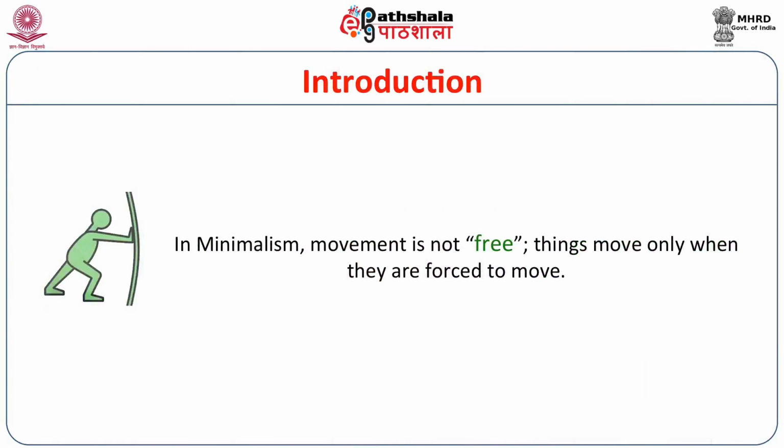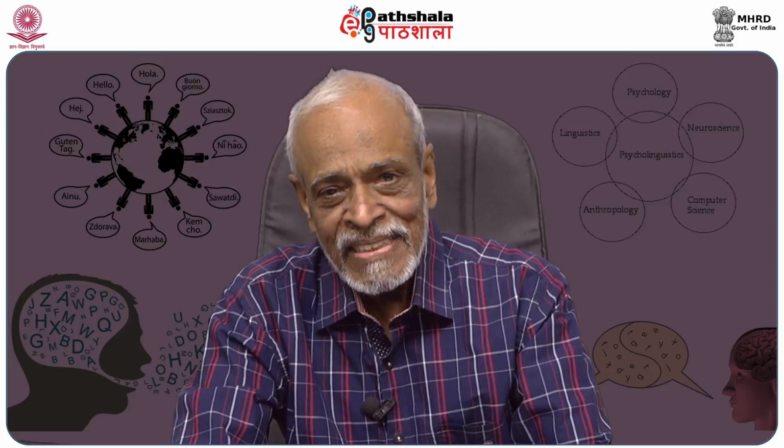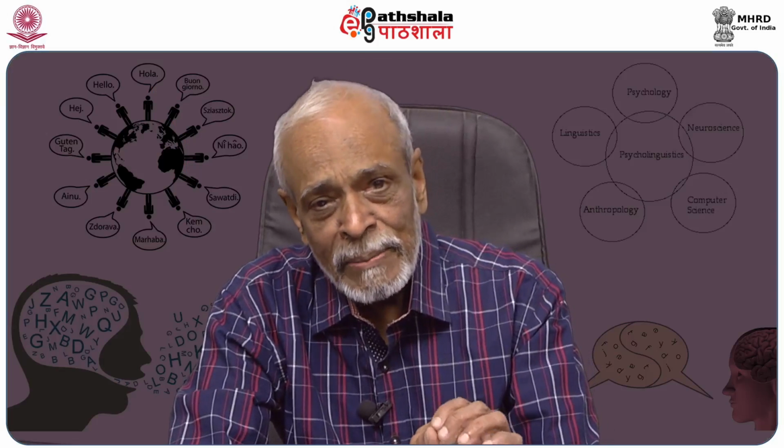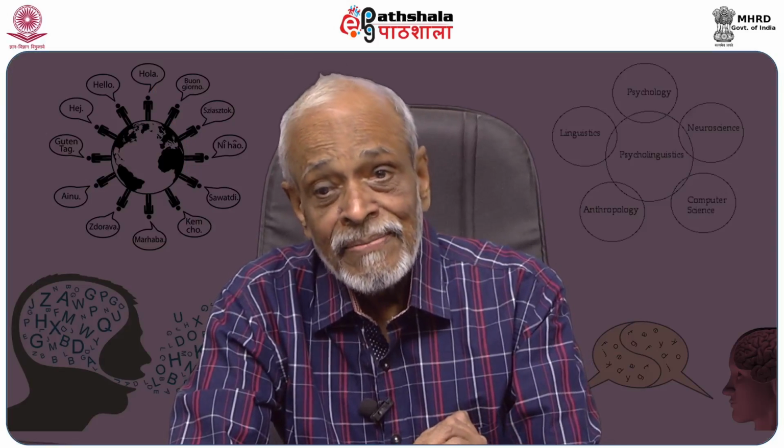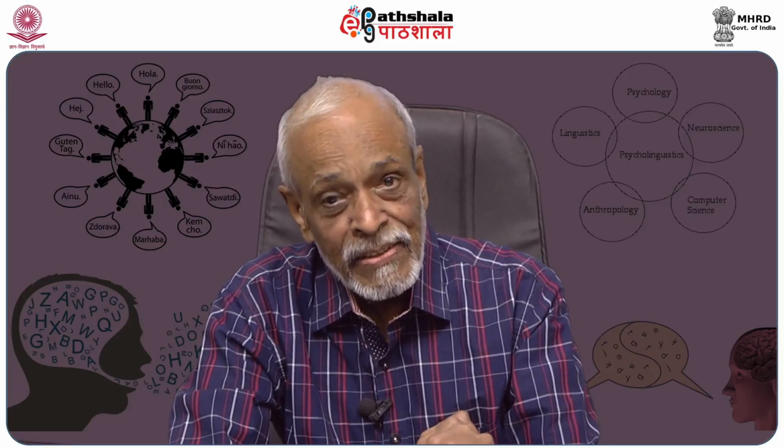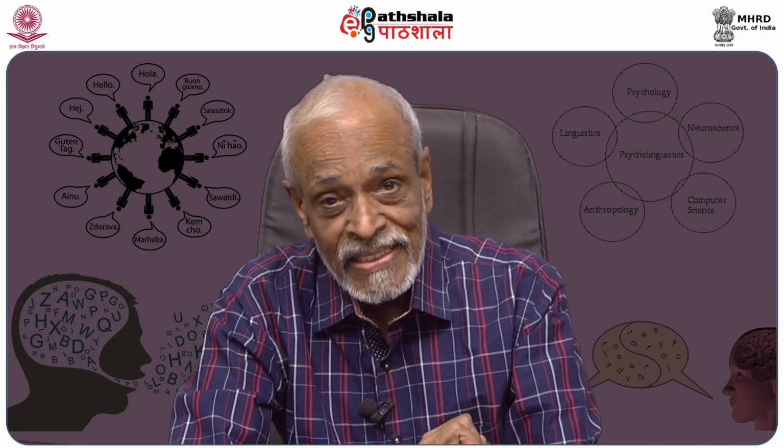An important difference between the minimalist claims about movement and that of GB is that in minimalism it is assumed that movement is not free. You remember Move Alpha, which said that move anything, anywhere, from anywhere to anywhere.